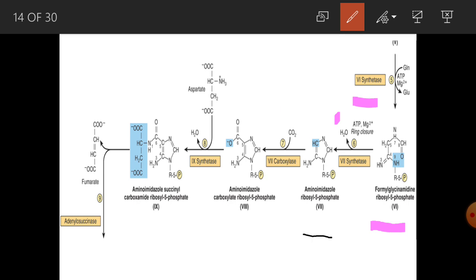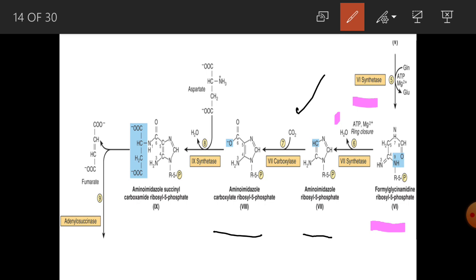What we obtain is aminoimidazole ribosyl 5-phosphate. Then the respiratory carbon dioxide, what does it do? The 6th carbon atom it will donate. So, in the presence of carboxylase, it will produce aminoimidazole carboxylate ribosyl 5-phosphate. So, we call it CAIR in short.